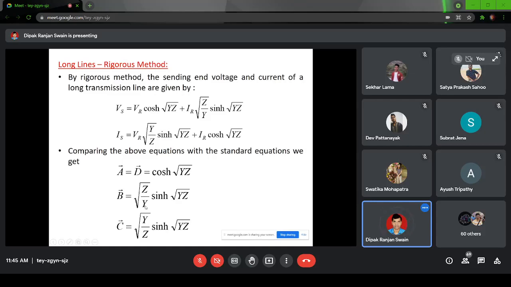Like that, you can have a theoretical derivation. The equation is already in the form of the ABCD parameter equation, so corresponding terms are the ABCD parameters. So A and D are cosh root over YZ, and similarly B is root of Z by Y times sinh root over YZ, and C is this value. Okay.